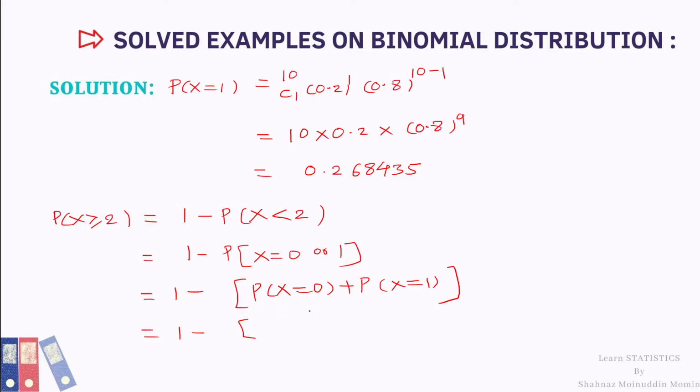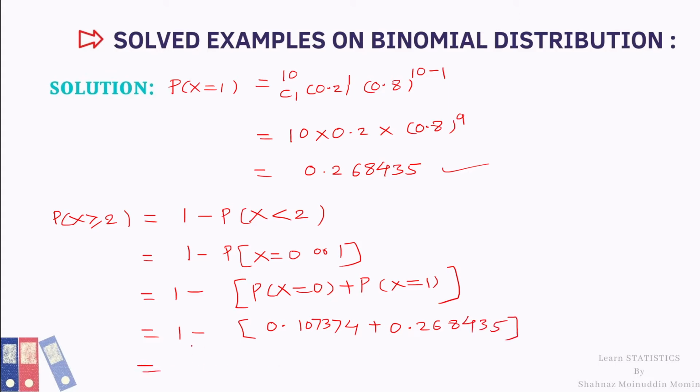Probability x equal to 0, we have already calculated, is 0.107374, and probability x equal to 1 is 0.268435.